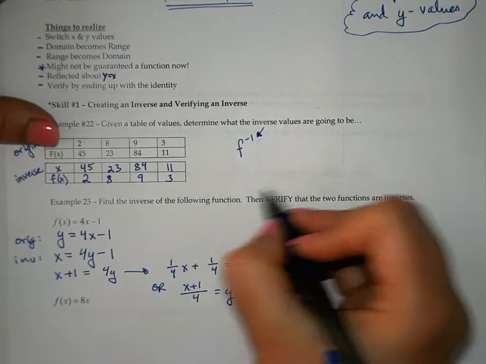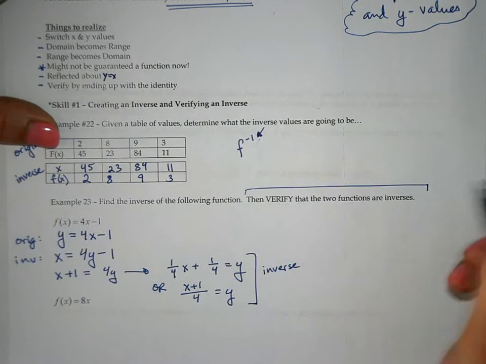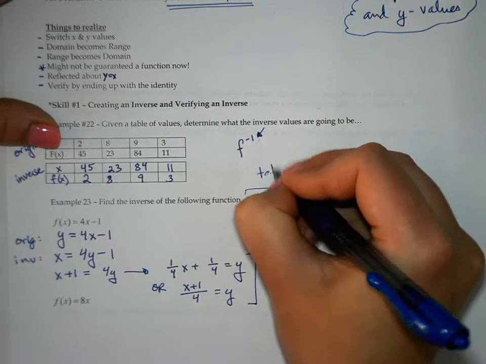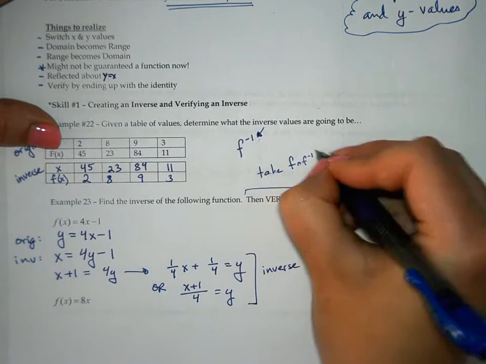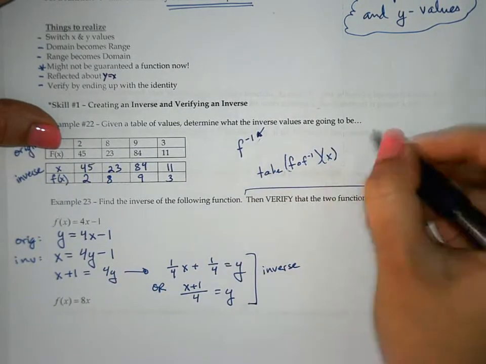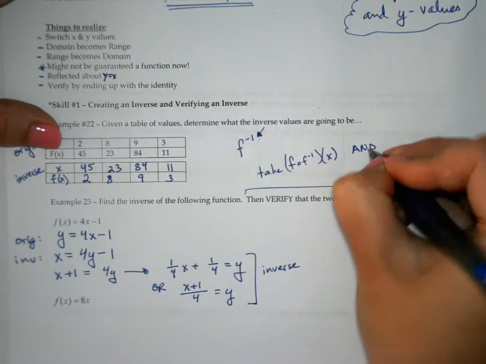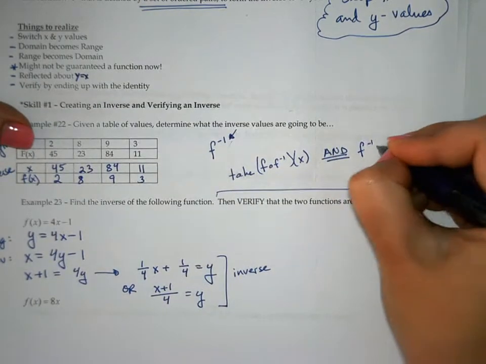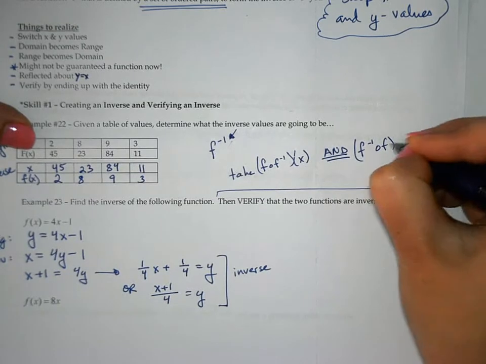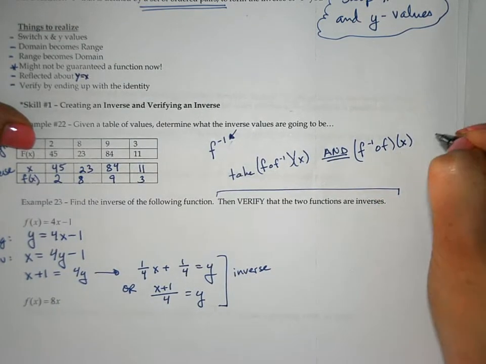To verify that two functions are inverses, you need to take f of f inverse of x, and you must also do the reverse, f inverse of f of x.